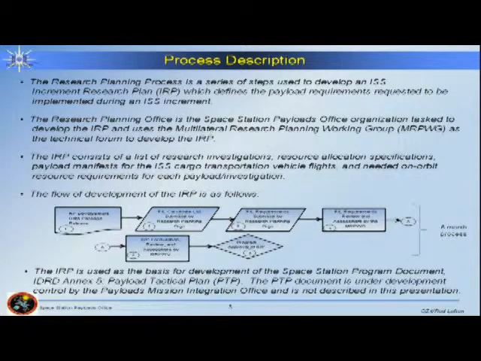The next step would be to formulate the requirements into a plan itself and present that plan to the MRPWG, by which we would get agreement from the community to implement that plan. Then we present that plan to our management for them to approve.